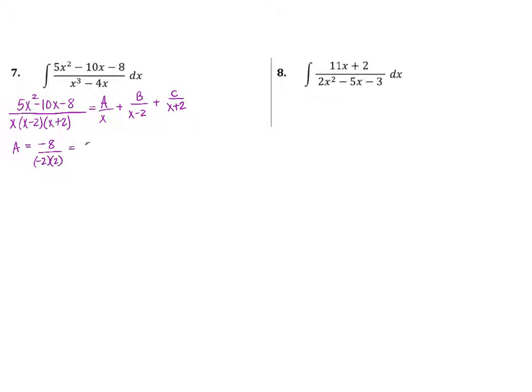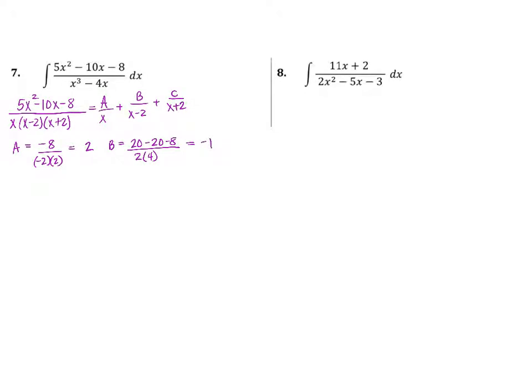So that's going to give us a positive 2 there. And then for b, we're plugging in a positive 2, so that's going to give us 20 minus 8 over 2 times 4. And so that should generate negative 8 over positive 8, so negative 1.